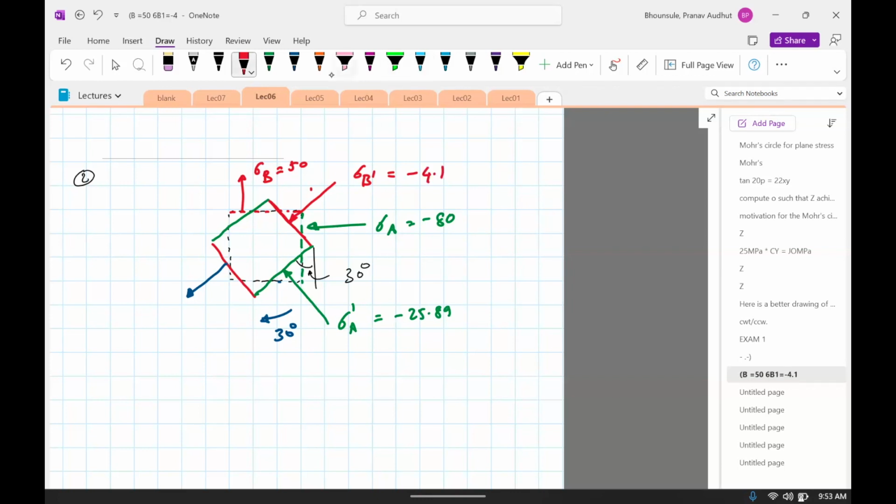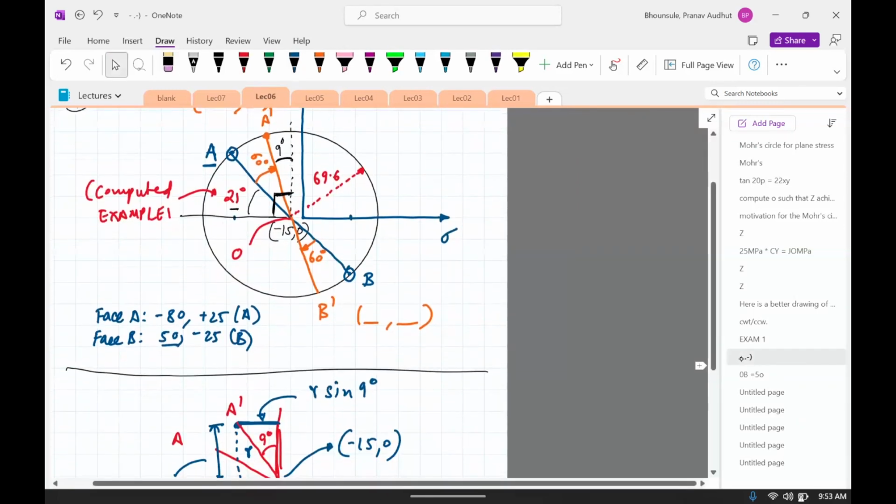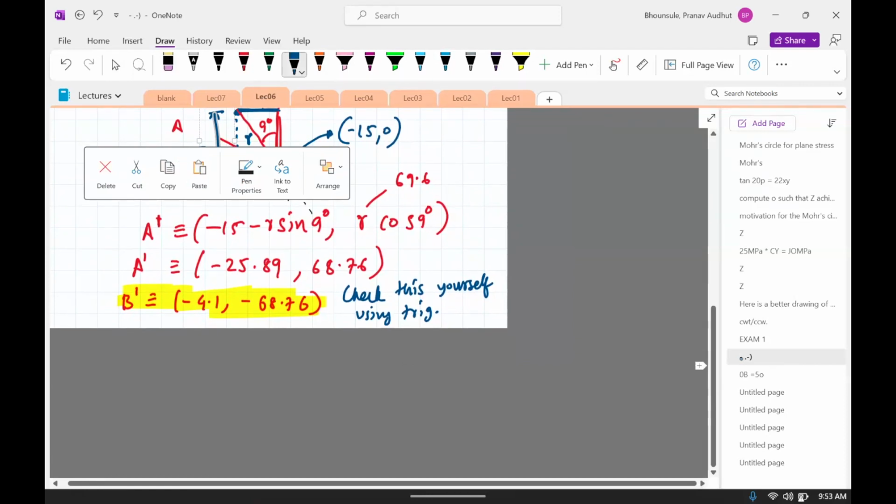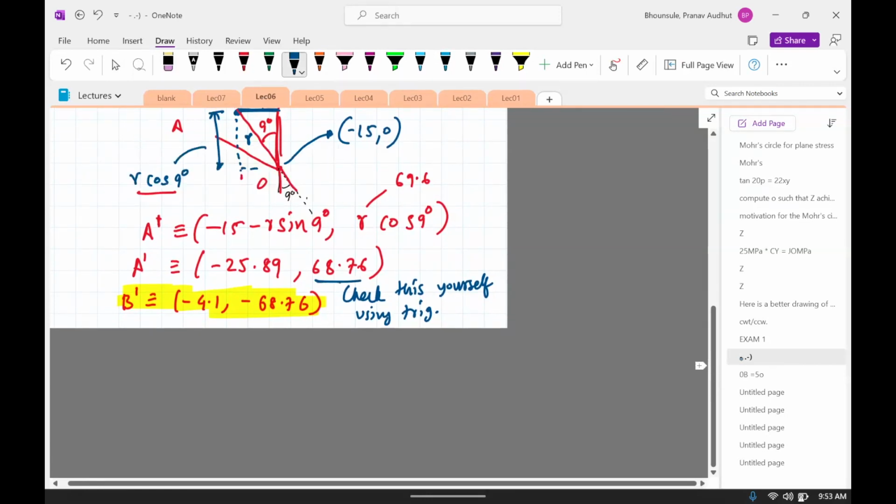4.1. And the last one we need to draw is the shear stress. That shear stress, which was originally this way, is now going to be in this fashion, like this. And then we are told that the calculation showed us that that stress is 68.76. So it's 68.76 for A prime.